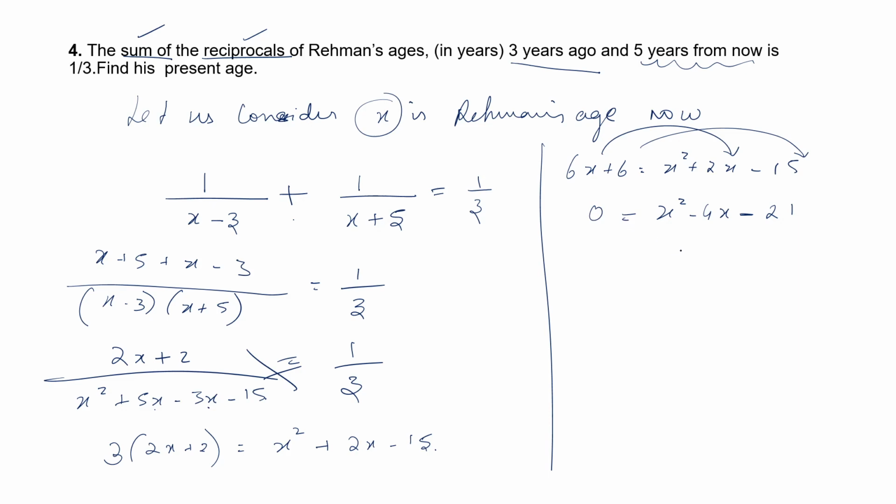Okay, so this is the equation we got, and now we can do it by any of the methods, either by completing the square or quadratic. Okay, so let me go with quadratic. Even in exams, if the method is not given, I feel it's better to go with the quadratic equation.